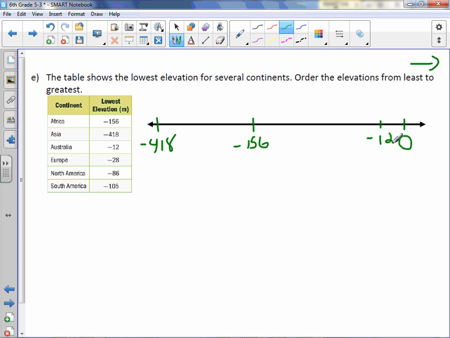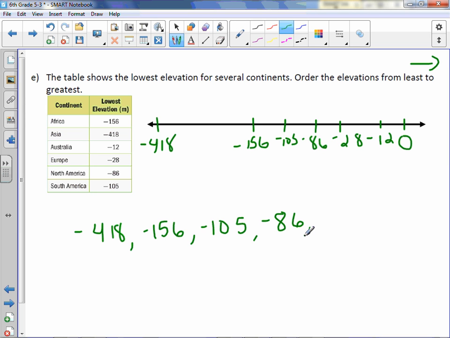Negative 28, negative 86, and negative 105. From least to greatest: negative 418, negative 156, negative 105, negative 86, negative 28, and negative 12. Remember, 0 was just a frame of reference, not part of our solution.